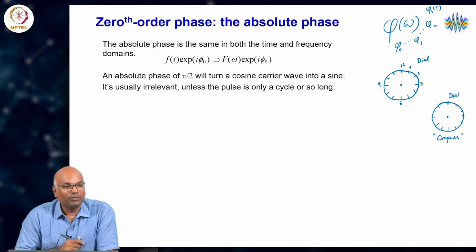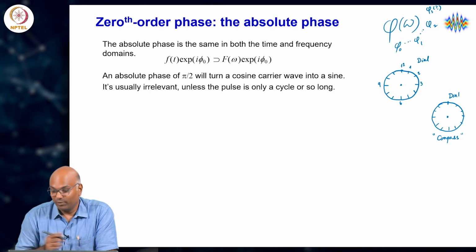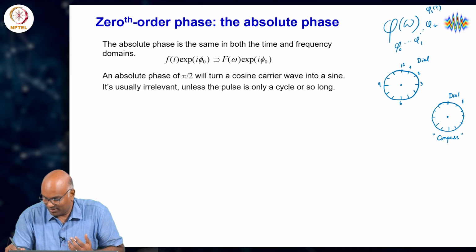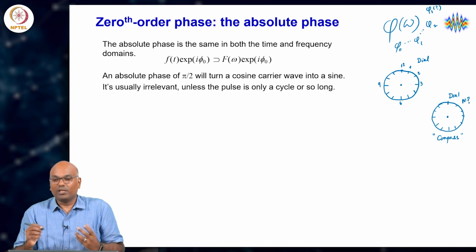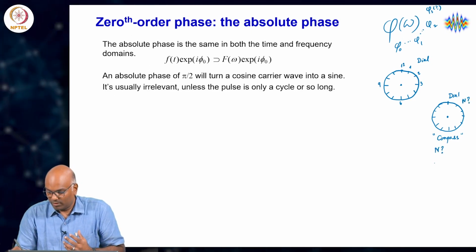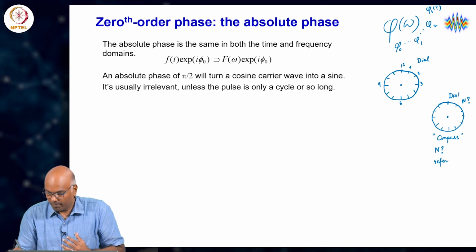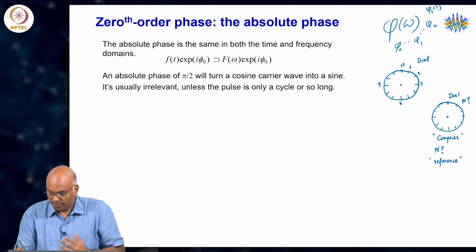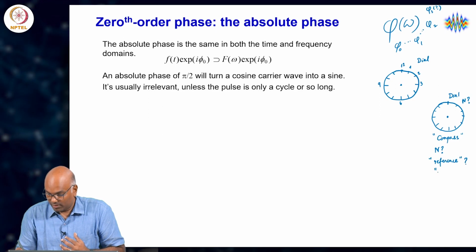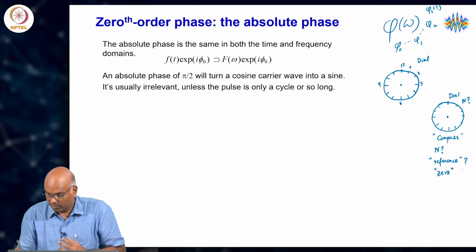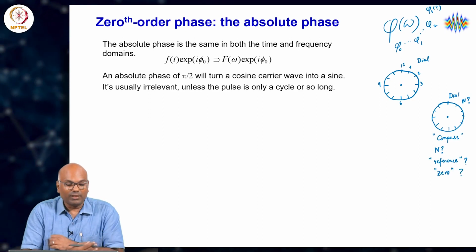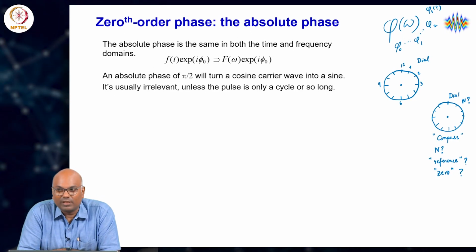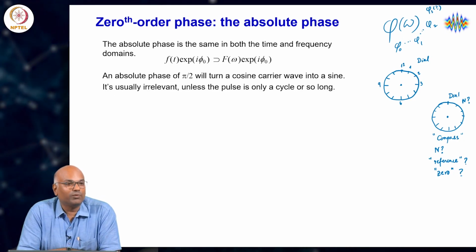So here, what would be the first question we ask? Where's the north? So where's the reference? What is north? The reference or the zero. Okay, you measure the absolute phase, the zeroth order phase as we are calling it. But where's the zero of the scale?